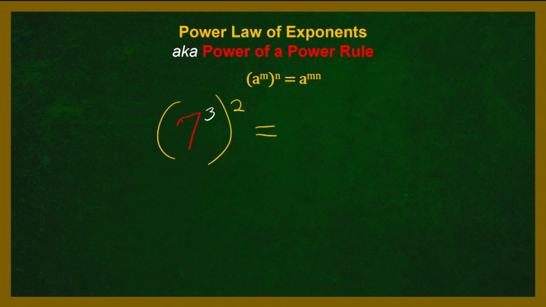Okay, the law states that when you have one exponent raised to another exponent, then you can multiply the two exponents. So that will be 7 raised to the 3 times 2. And that will give us a result of 7 raised to the 6th power.